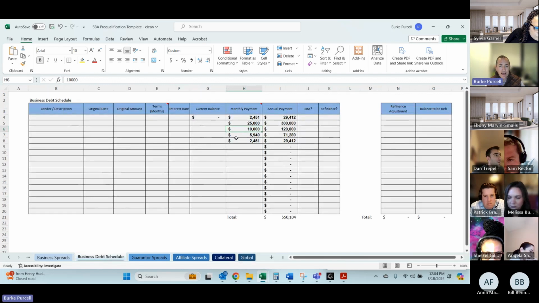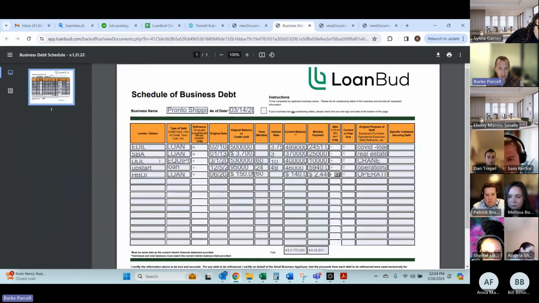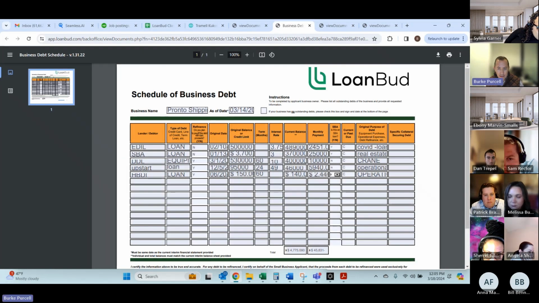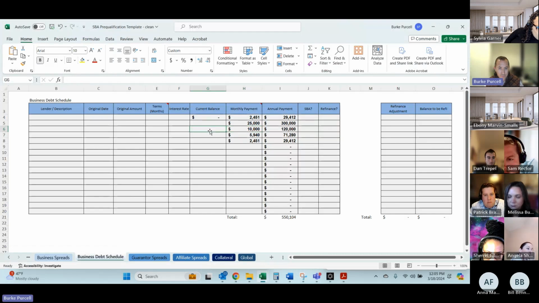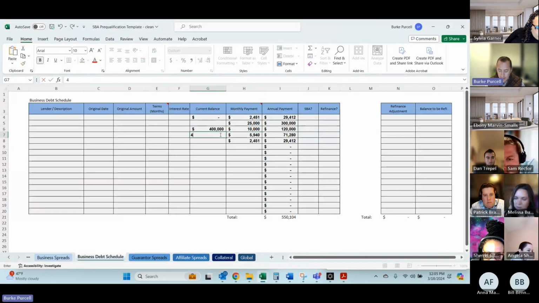I have not yet indicated any of these debts to be refinanced with the loan. But I know that this person said that if they could, they would like to refinance the DDL, the Upstart, and the HBDL. So DDL is $400,000. Upstart is $46,000.